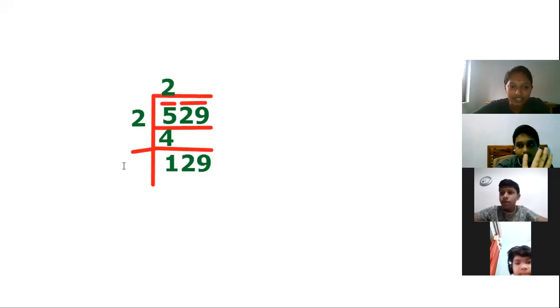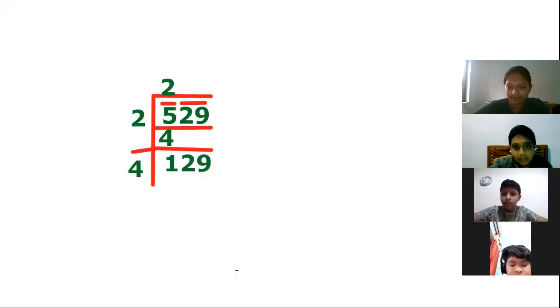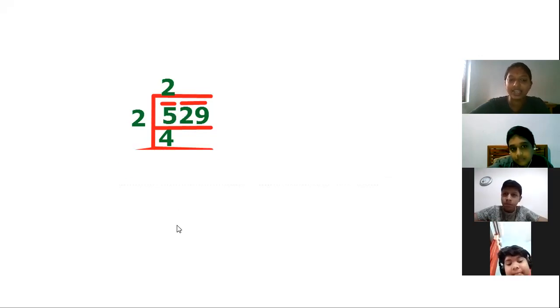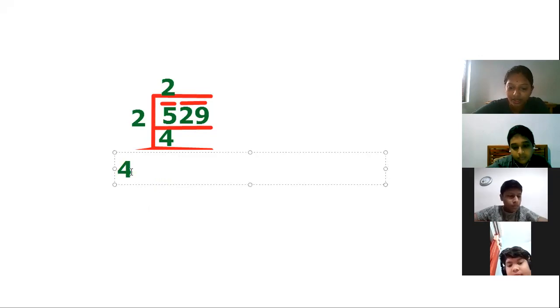Then the first digit becomes 4. Now we have to find the second digit here. Here the first digit is 4 and we have to find the second digit. Then how will you find the second digit here?